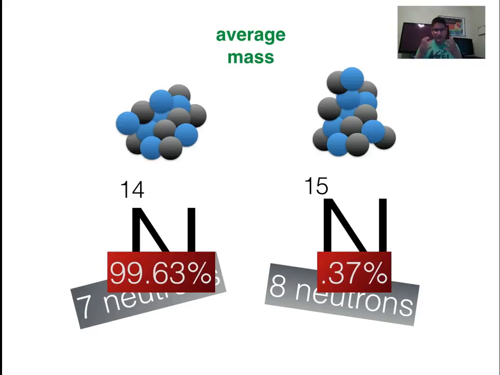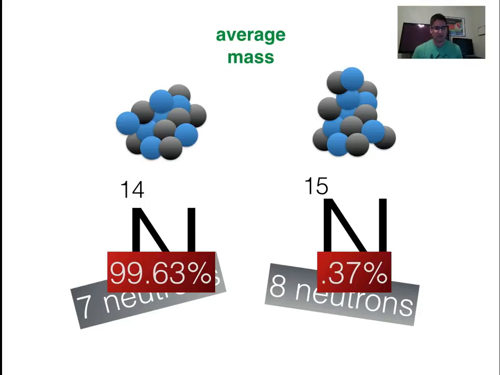Just right off the bat, if I look at the percentages, I can have a really good guess as to what my average atomic mass is. Since 99% of it is nitrogen 14, I can guess that the average atomic mass is going to be very, very close to 14 and not 15.